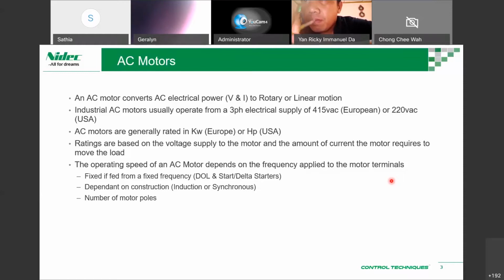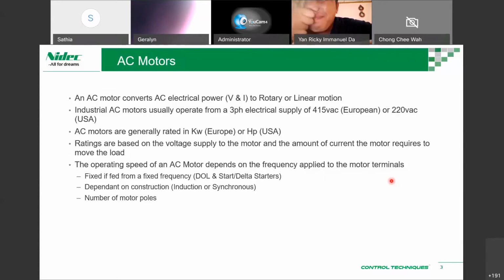That work is being done by the voltage and the current supplied to the motor. The operating speed of a motor is dependent on the frequency. We'll be looking into how the frequency affects the motor's speed later on in the slides. For the frequency applied to the motor terminals, we have a few dependent factors.